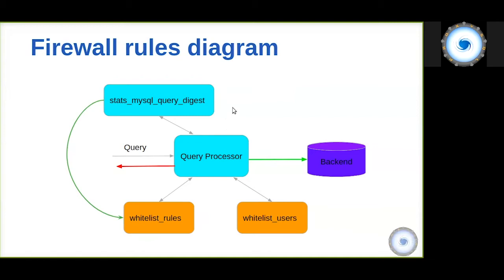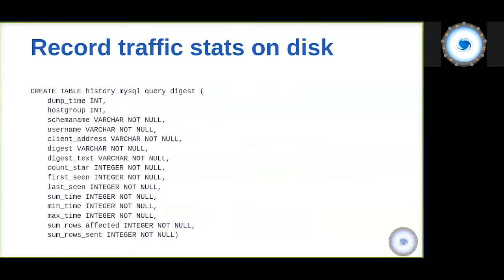Now, there is a minor limitation here: stats_mysql_query_digest is a table that exists only in runtime. So if you want ProxySQL to run for a very extended period of time, you will probably need some mechanism that cleans this table at regular intervals. So we introduced a feature that allows storing the information from stats_mysql_query_digest into a persistent table on disk called history_mysql_query_digest.